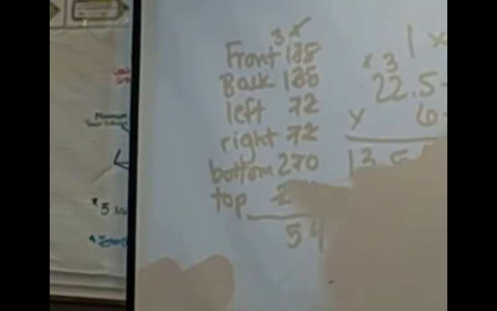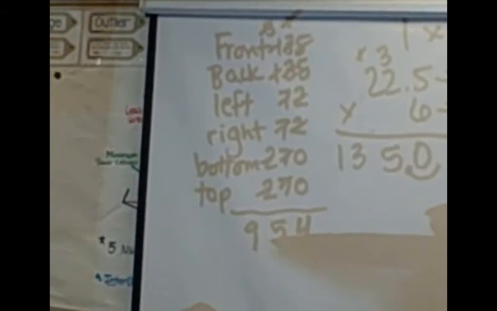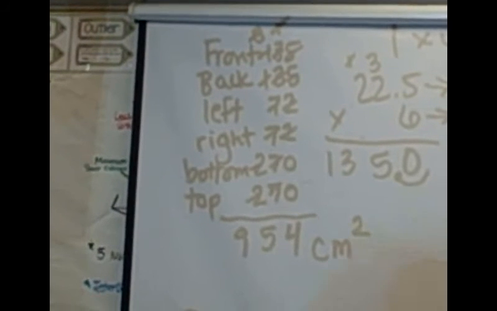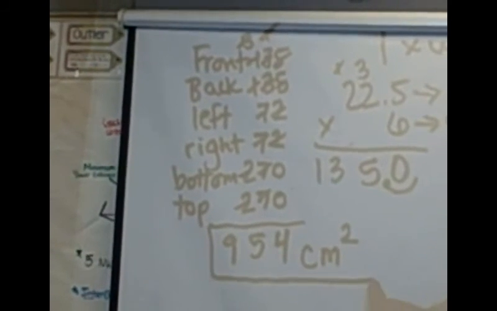And finally we have 2 plus 2, which is 4, plus 1 is 5, plus 1 is 6, plus 3 is 9. Okay, so the surface area of that entire Kleenex box should be 954 centimeters to the second power.